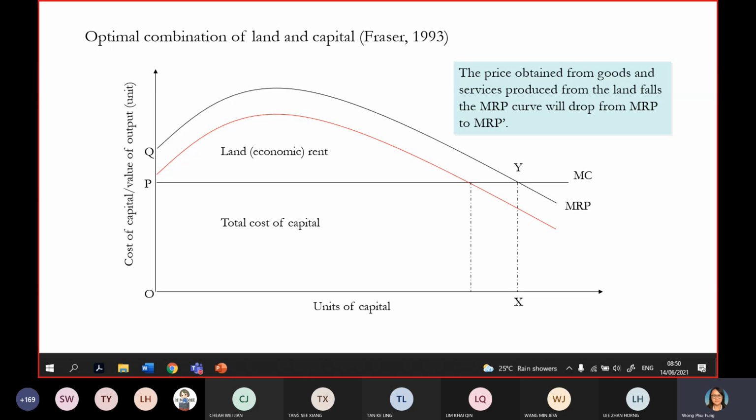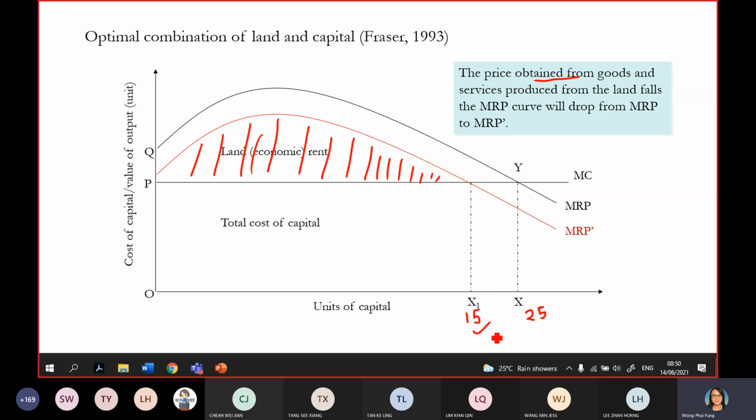And let's say the price obtained from the goods and services produced on the land falls. Meaning that if the land is not so expensive, rather than build 25 floors, maybe you just need to build 15 floors. Because this area becomes smaller, but it does not matter, because the land cost is not so expensive.